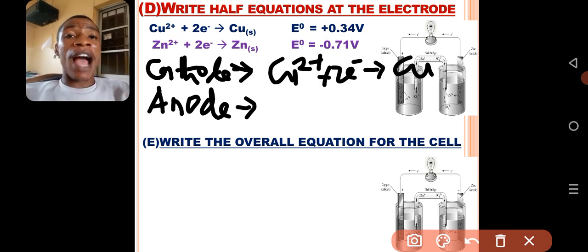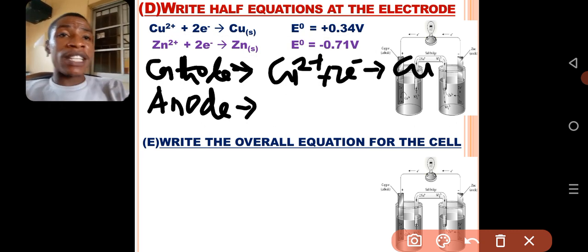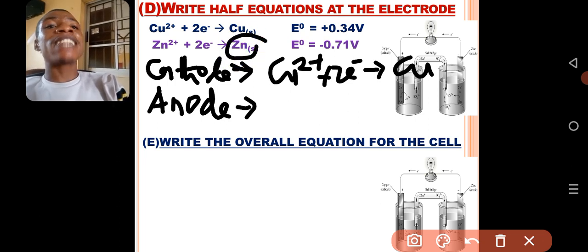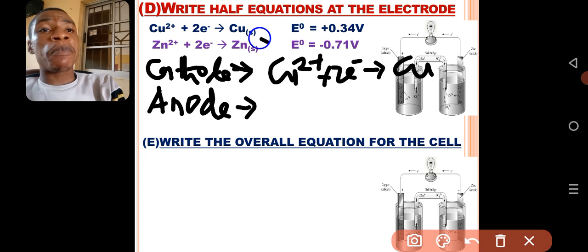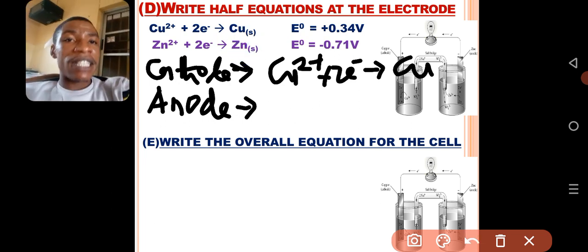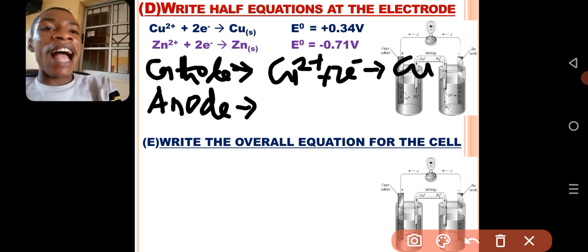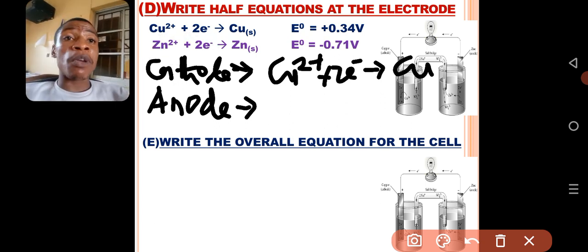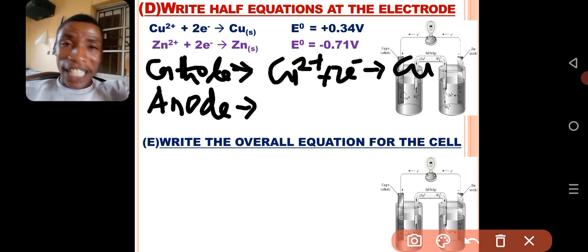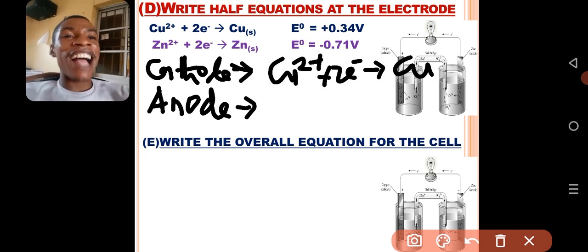You get back an oxidation process. This zinc at the reactant side, take it to the product side, and this zinc at the product side, take it to the reactant side. Then you see that the equation will become an oxidation equation, because that is what always happens at the anode.